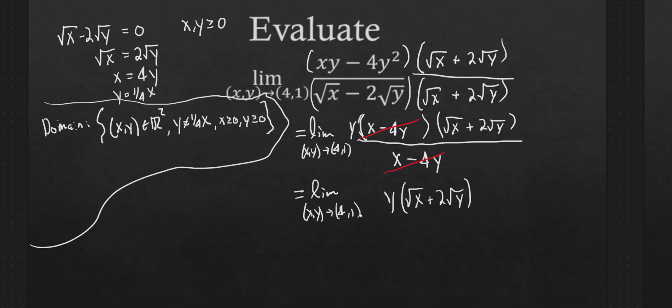It's no longer at a boundary point, and I can do this by direct substitution. So plug x equal 4, y equal 1. So that's square root of 4, that's 2, plus 2 times square root of 1, that's 2. So this is, what, 2 plus 2? Just 4?